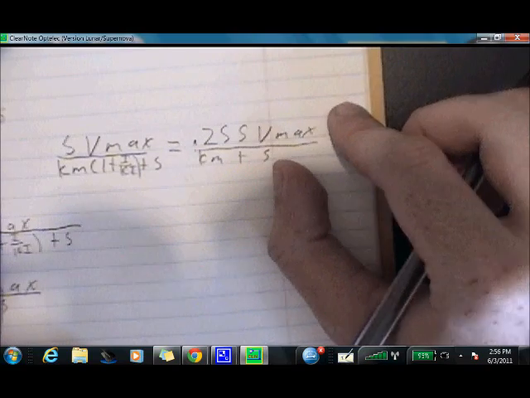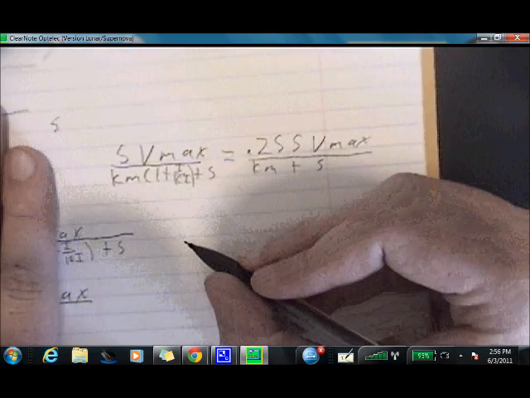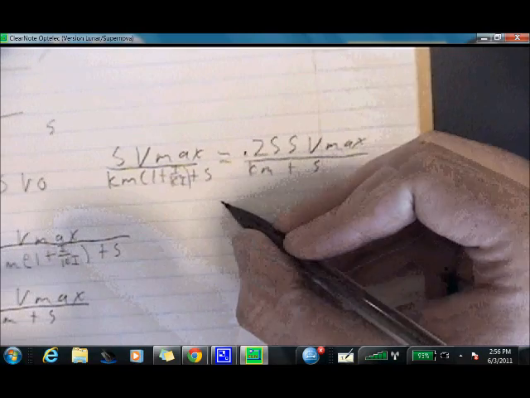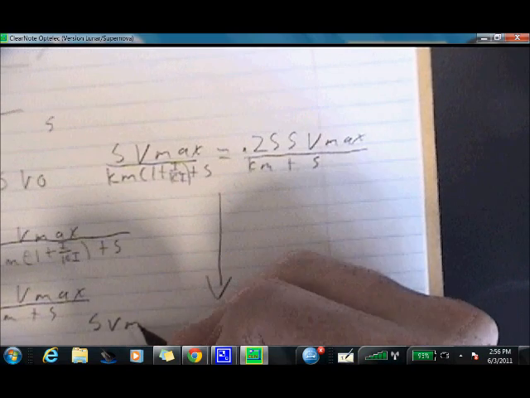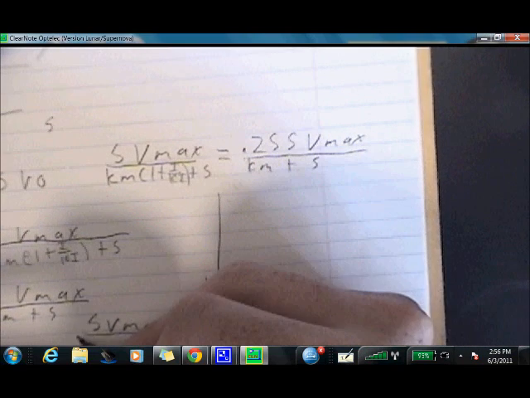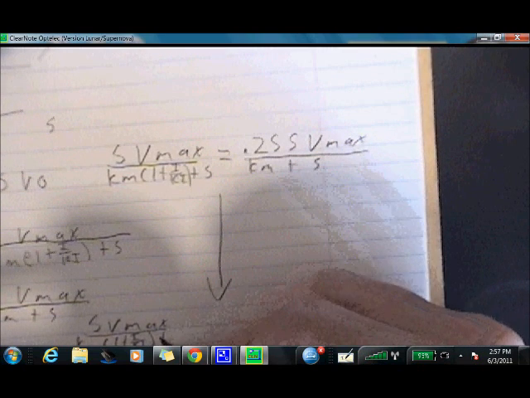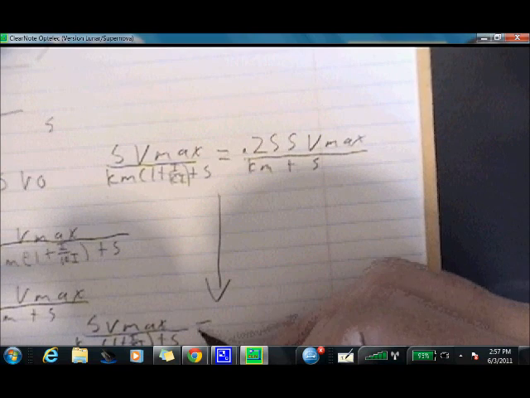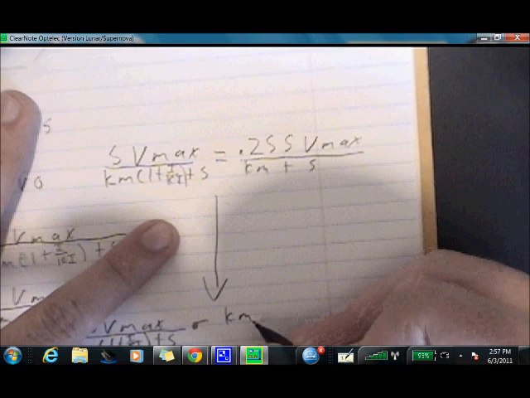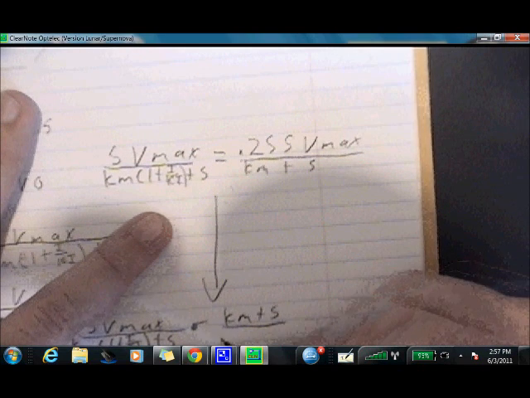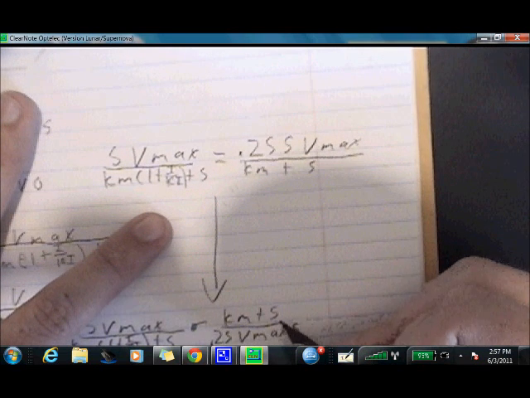I'm going to take this, inverse it, and multiply it over here. So now we have S Vmax divided by Km 1 plus I over Ki plus S, times Km plus S divided by 0.25 Vmax S.